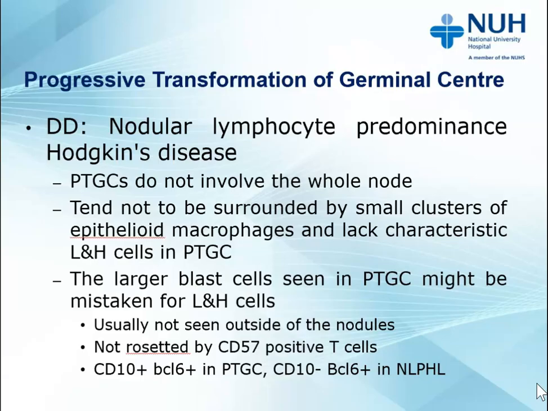The large cells seen in PTGC may be mistaken for the neoplastic LP cells of nodular lymphocyte predominant Hodgkin lymphoma. But the large cells in PTGC are actually centroblasts that are not seen outside the nodules. They tend not to be rosetted by CD57 positive T cells, and they are CD10 positive, whereas LP cells are CD10 negative, although both of them will express BCL6.